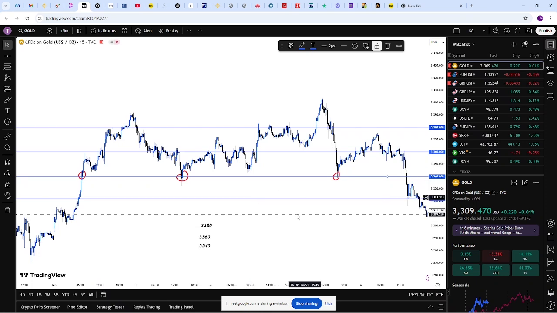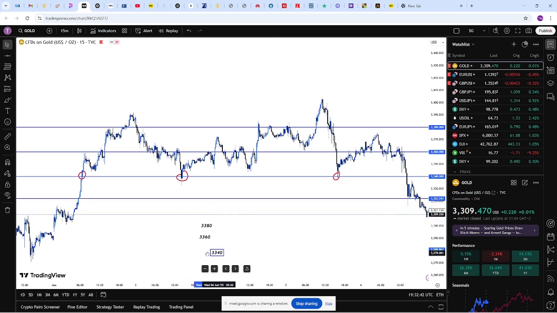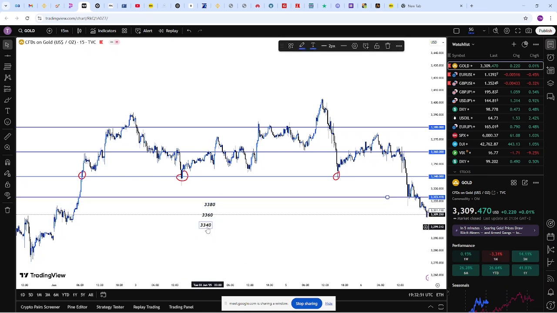If the price is coming down to the downside, I will subtract 20 from there. So if the next in the downward direction will be 33, what? Somebody should help me. That'll be 3320.